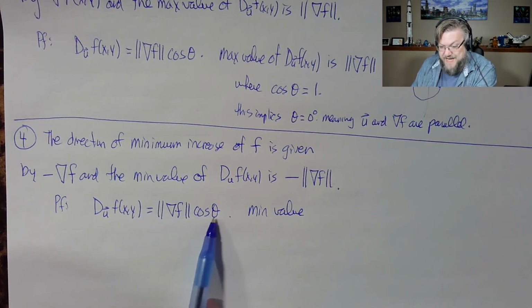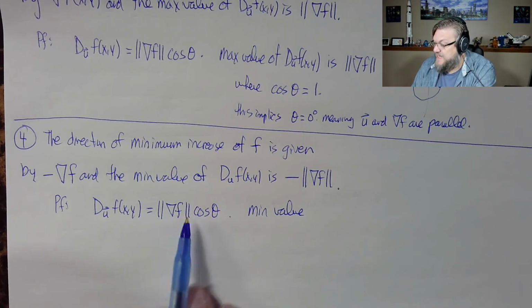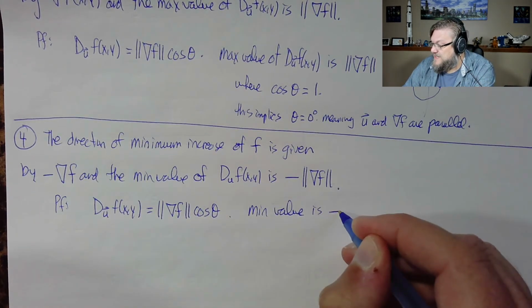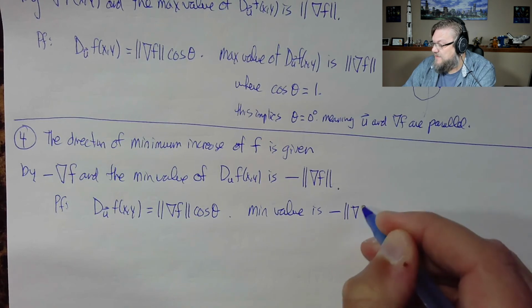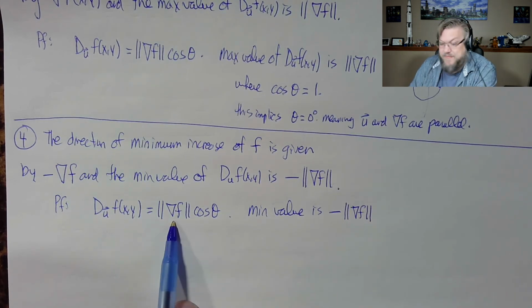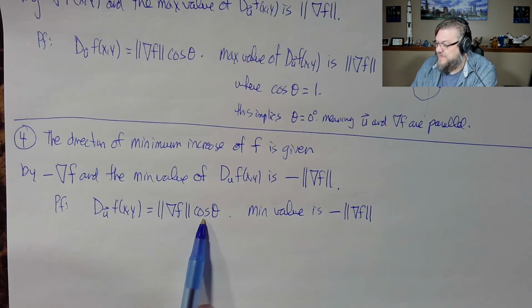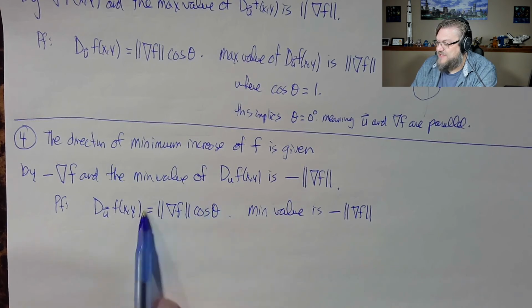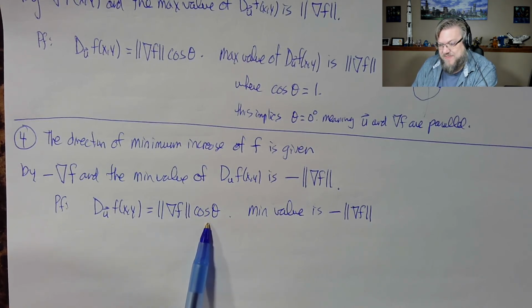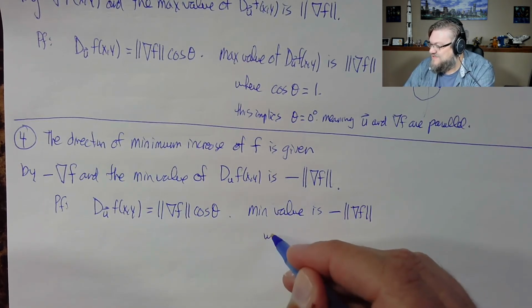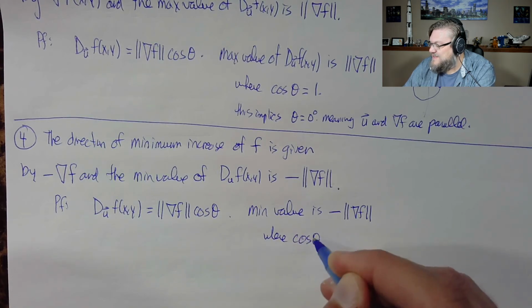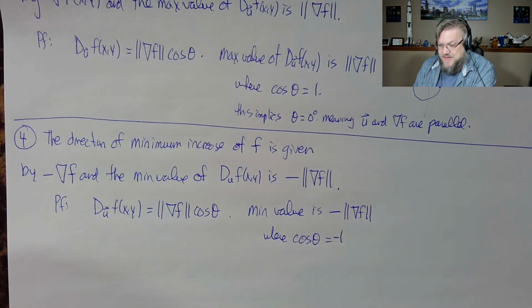What is the most negative it could be? That would be negative magnitude of grad f, because cosine of theta would have to be -1, which is its minimum value. So this is its minimum value when cosine theta is its minimum value, where cosine of theta is -1.